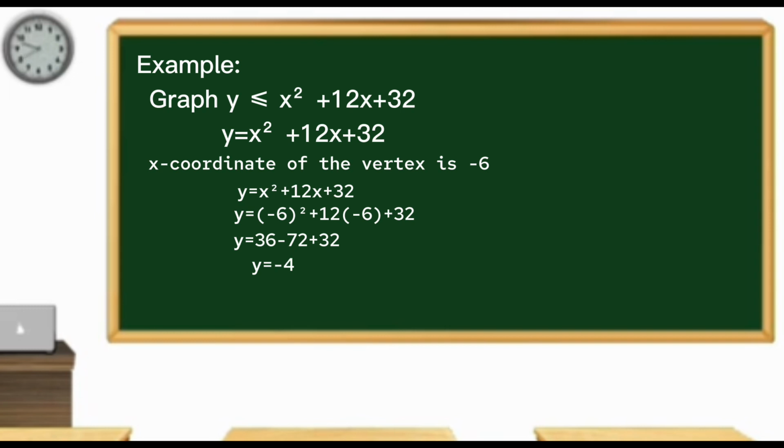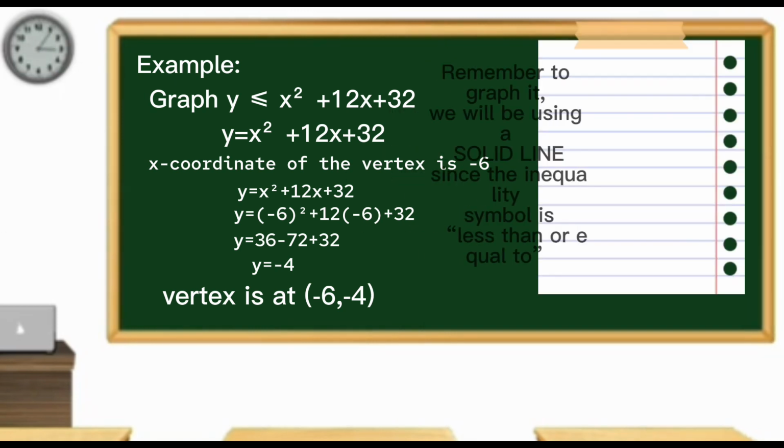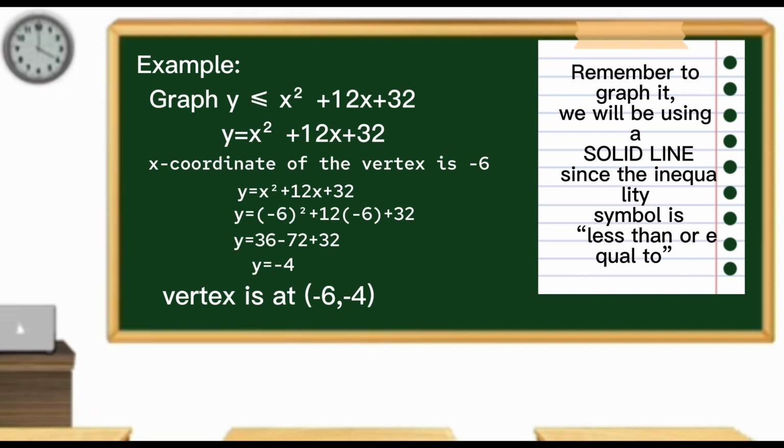Y equals negative 4. So the vertex is at (-6, -4). Now, we have enough information to graph the parabola. Remember, we will use a solid line since the inequality is less than or equal to.